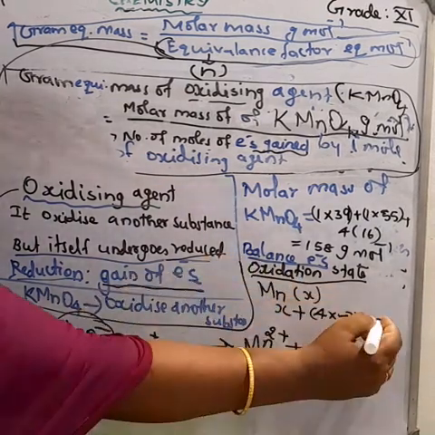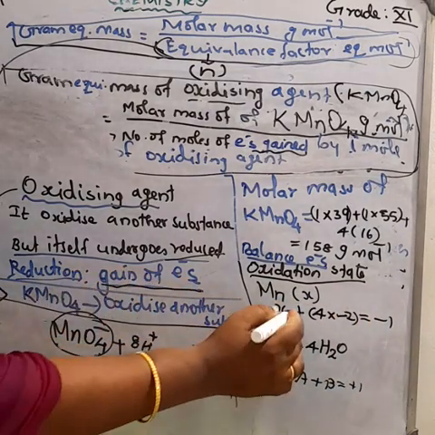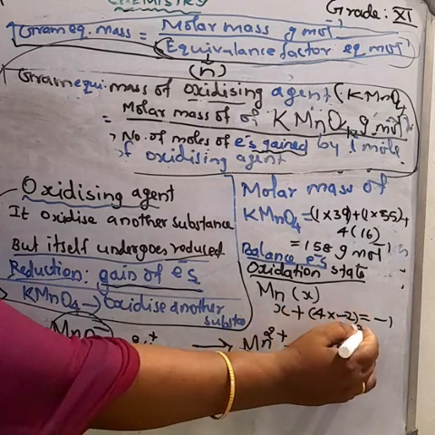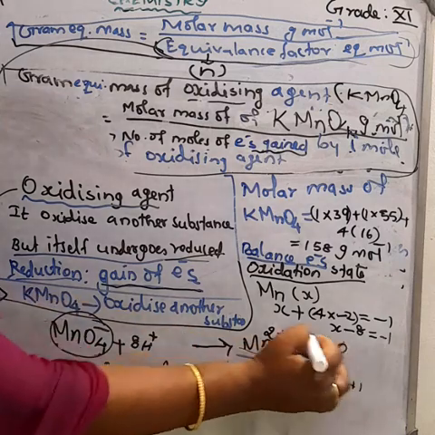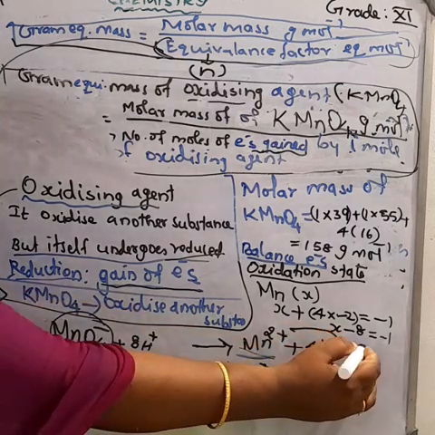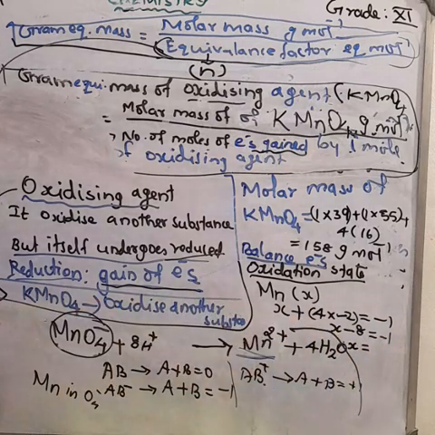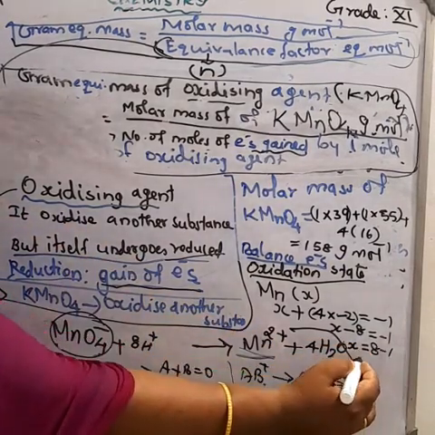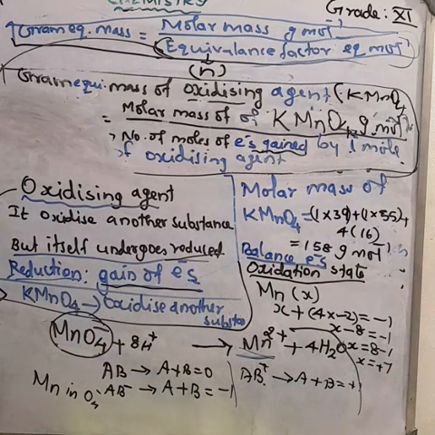So X minus 4 into 2, that is 8, X minus 8 is equal to minus 1. The minus 8 goes to the other side of the equal sign and becomes plus, so X is equal to 8 minus 1, so X is equal to plus 7. This is the oxidation state of manganese.